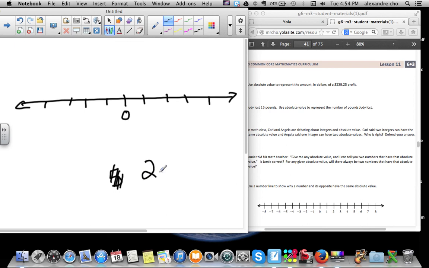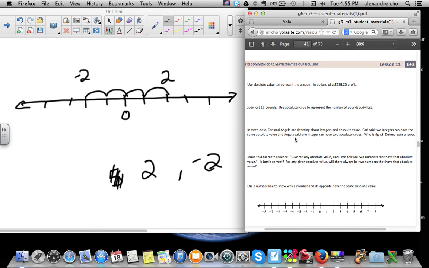Let's make our number 2. Opposite of 2 is -2. Let's use a number line to prove that 2 and -2 have the same absolute value. Here's 2. Here's -2. 2 is 2 spaces away from 0, and -2 is 2 spaces away from 0. So they both share the same distance to go to 0, which is 2.